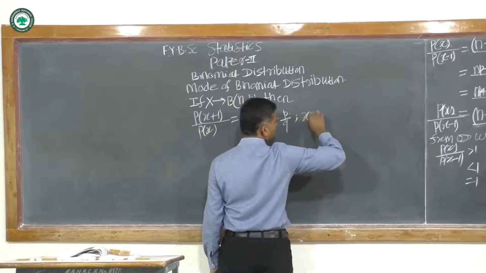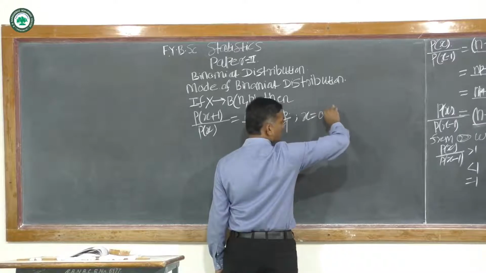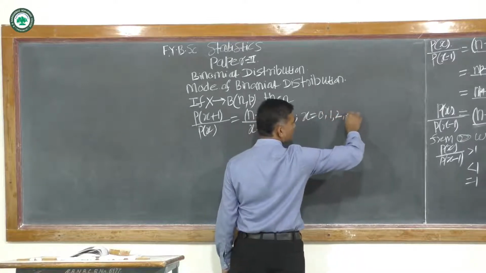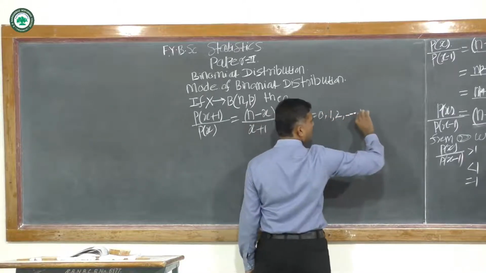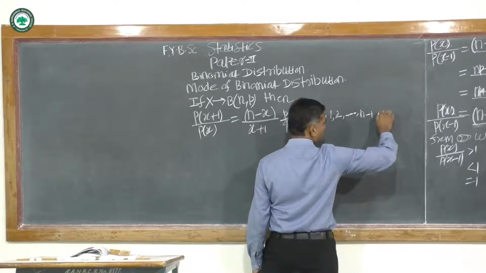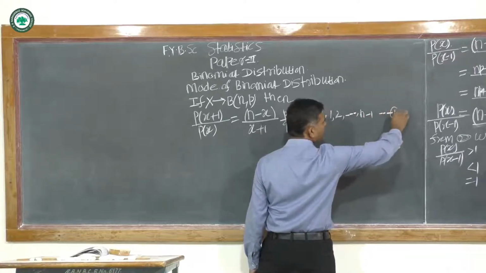Here x takes values 0, 1, 2 up to n minus 1. Suppose this is equation 1.